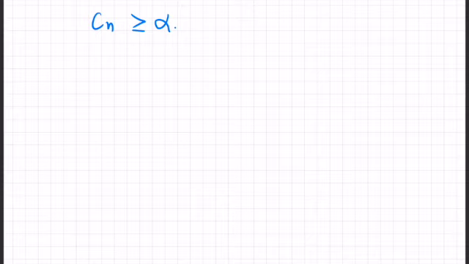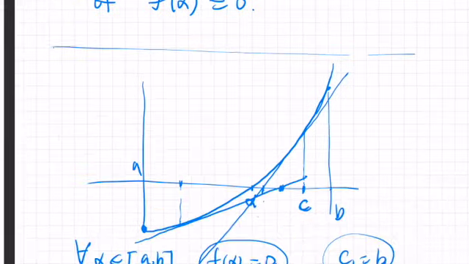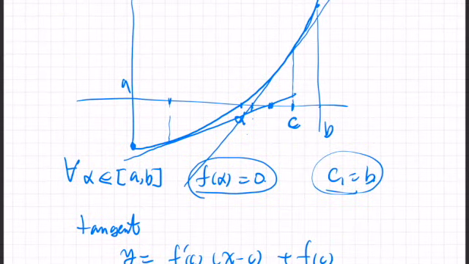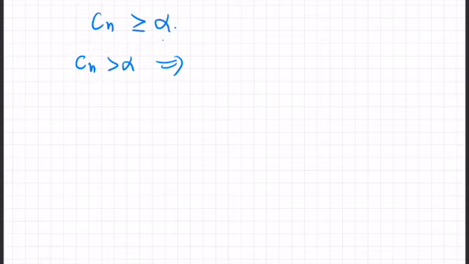So the lower bound is alpha, one of the lower bounds. Also, if Cn is greater than alpha, then from this graph it's evident that the value of f of Cn is positive, because it's strictly monotone increasing.